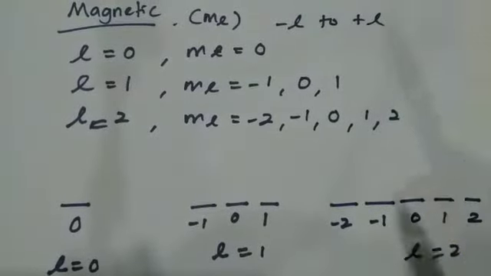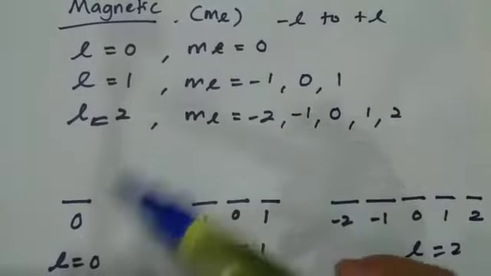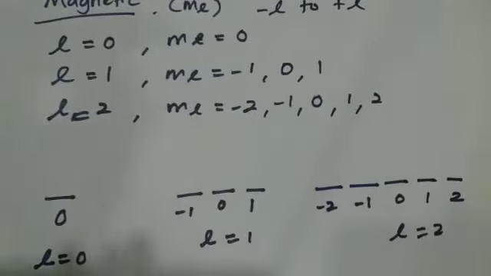The magnetic quantum number depends on the angular quantum number. The magnetic quantum number describes the orientation.